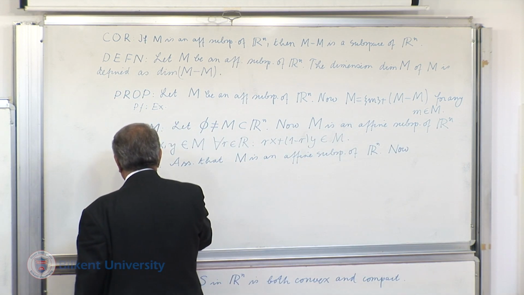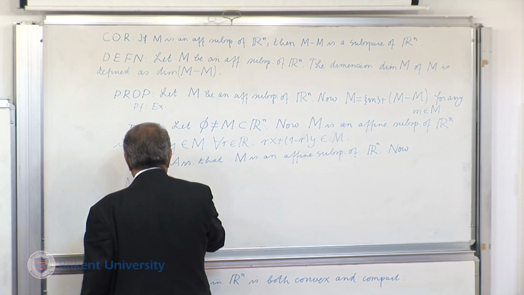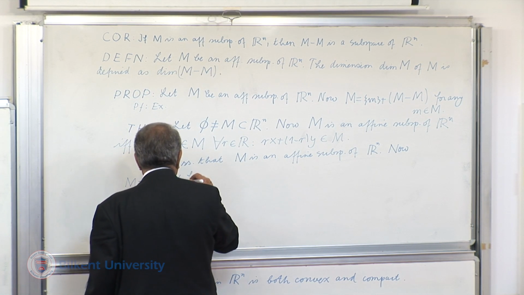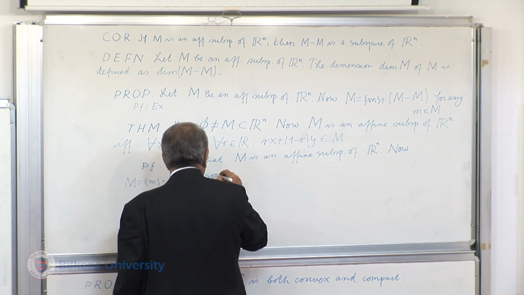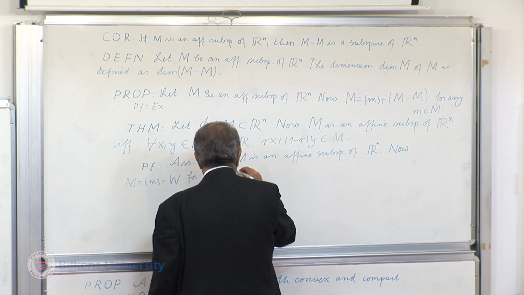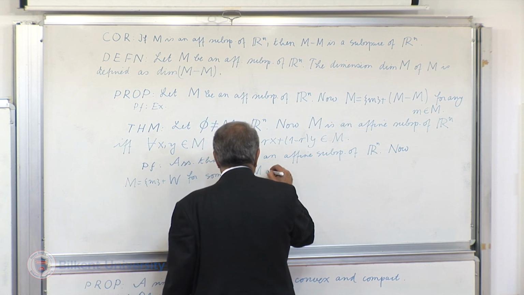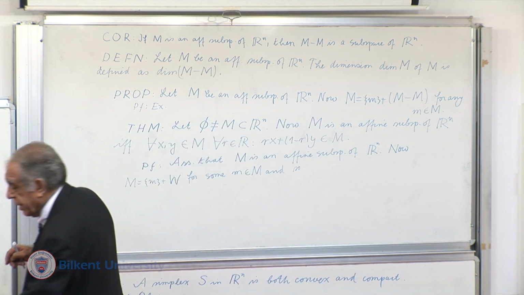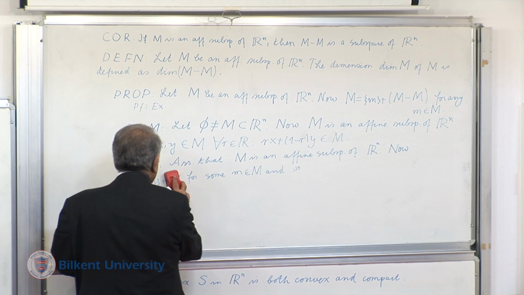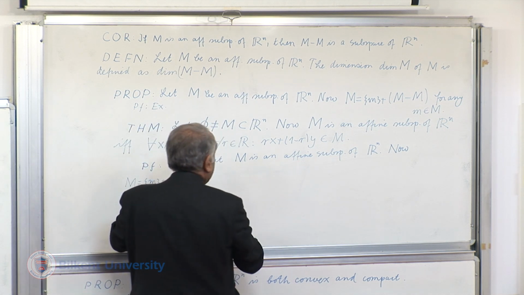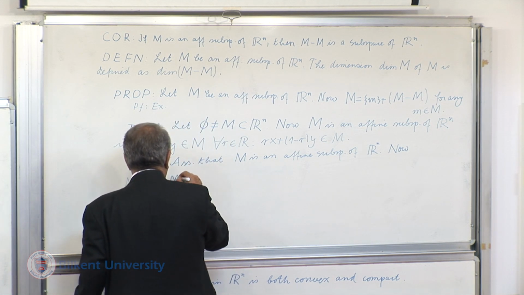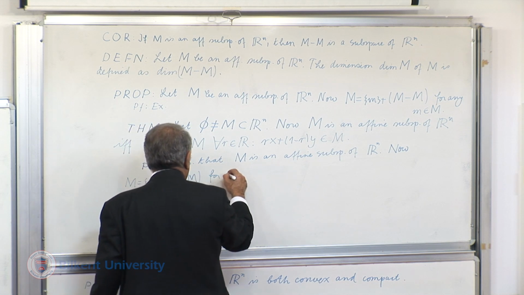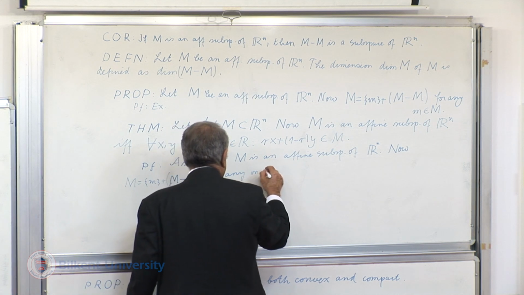M is equal to the singleton m plus W for some m in M and some subspace W. In fact, we know this W is M minus M, so let me write it just by this. Now this is equal to M minus M. In fact, for any m in M.